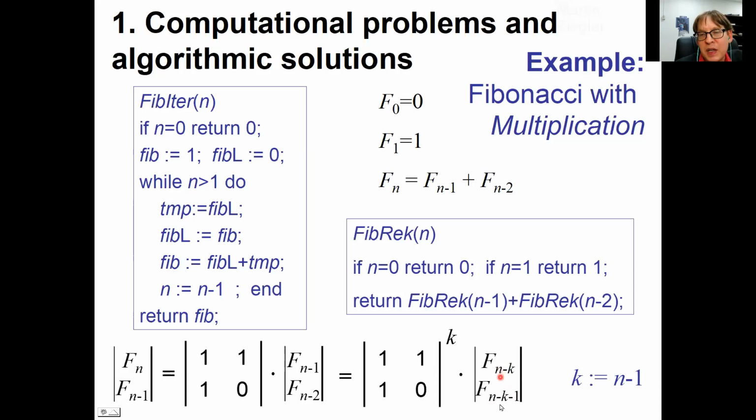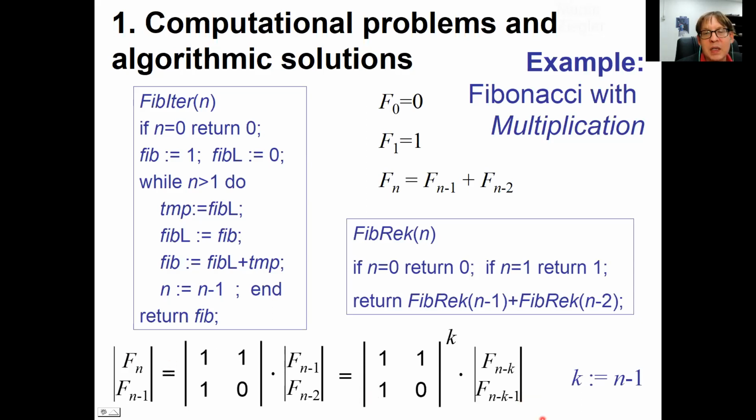So it seems like a smart idea to look closely at this case when k is equal to n minus 1, because then this equation gives us an almost explicit expression for the Fibonacci numbers, for the pair, right? Namely, take the vector 1, 0, right? When k is equal to n minus 1, then this is 1 and this is 0. And multiply it to this matrix, 2 times 2 matrix with these entries. Raise this matrix to the n minus 1th power.